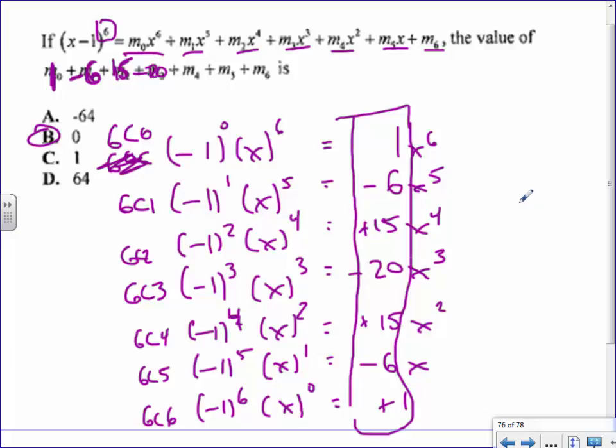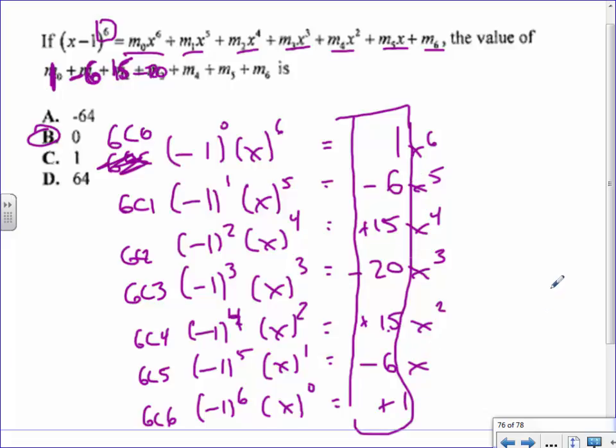Yeah, it was just random luck that it was 0. I think when they designed this question, they thought the kids would get really freaked out and be like, how can it be 0? If you forget your negatives, by the way, I think the answer becomes 64. Because 1 plus 6 plus 15 plus 20 plus 15 plus 6 plus 1 adds to give 64, if you forget to include negatives on every other one of them.